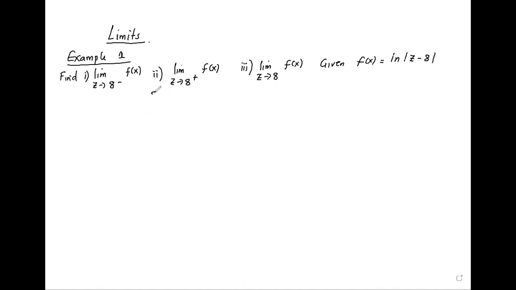So solution, we'll have to sketch the function. So sketch f of x is equal to ln of the absolute value of z minus 8. To sketch a ln or a log function, the first thing you do is you get the inside of the log, z minus 8 absolute, and equate it to 0, implying that z minus 8 is equal to 0, and so z is equal to 8.